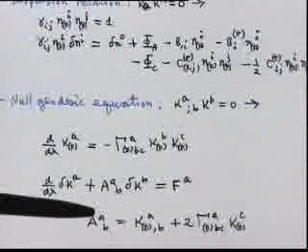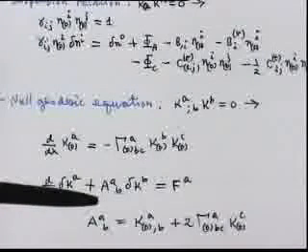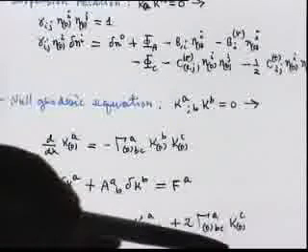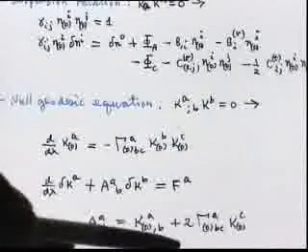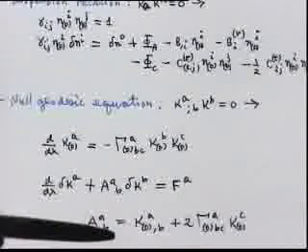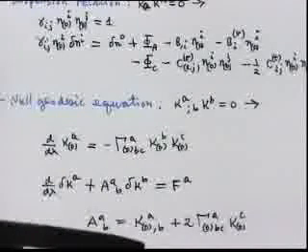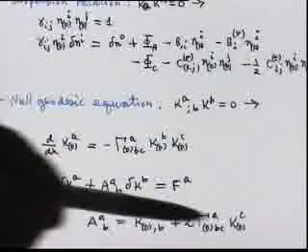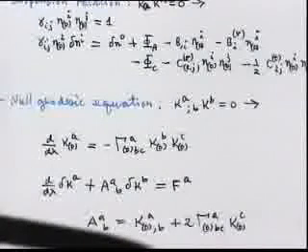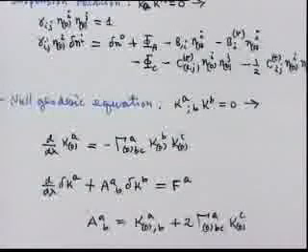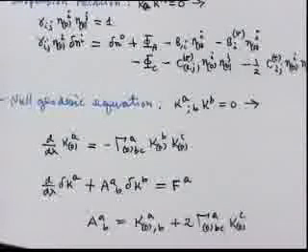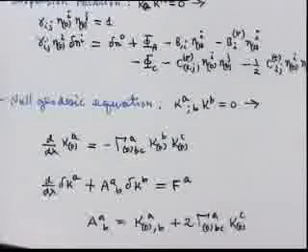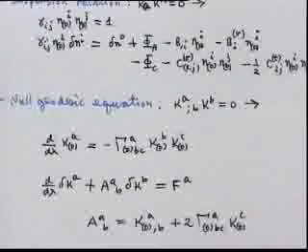Here, A^a_b is a kind of matrix or tensor. It's defined by this. This A should be recovered from the background terms. And F^a is a kind of driving term or source term. It's the perturbative part of the Christoffel symbols.